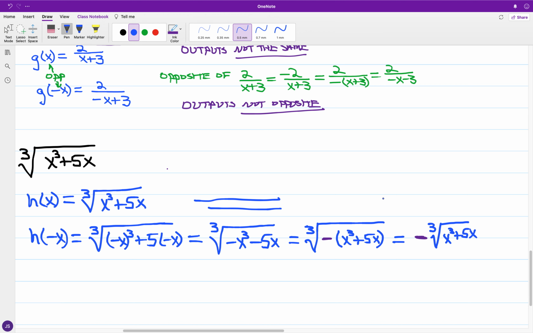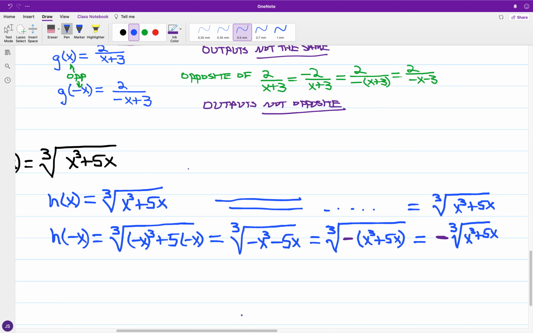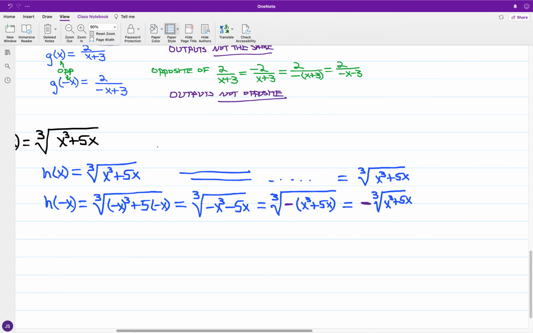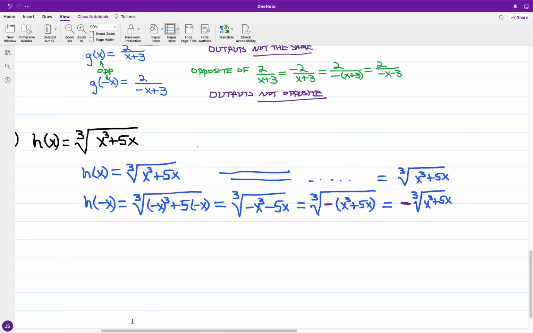Now just repeating, for h of x we have the cubic root of x cubed plus 5x. In the case of the inputs, those are going to be opposite.